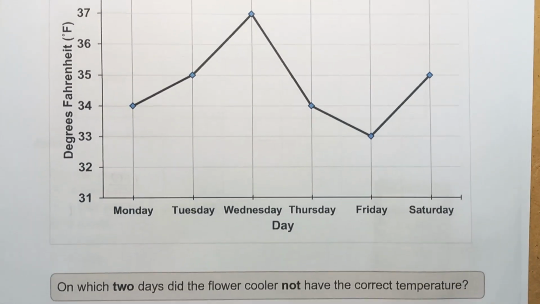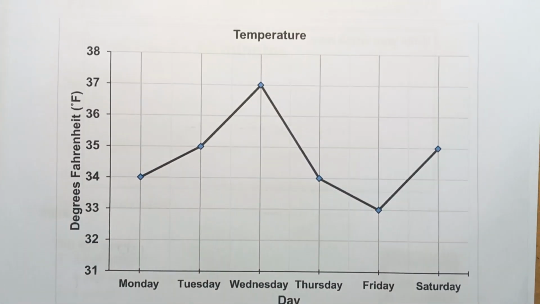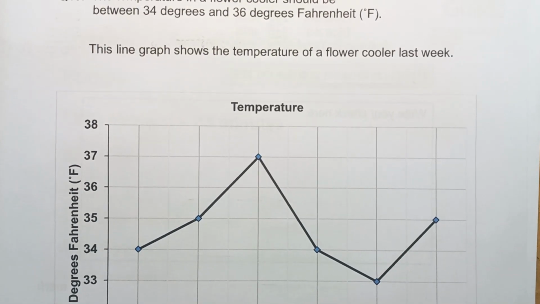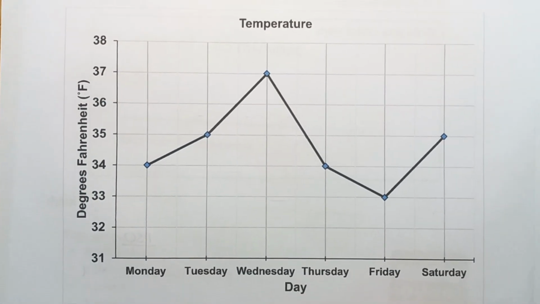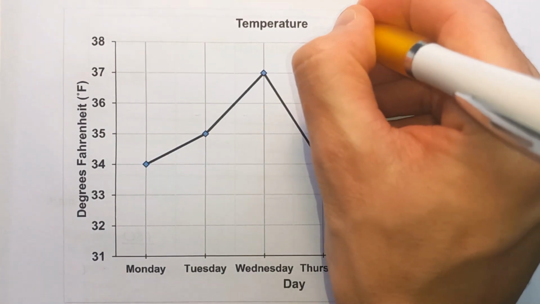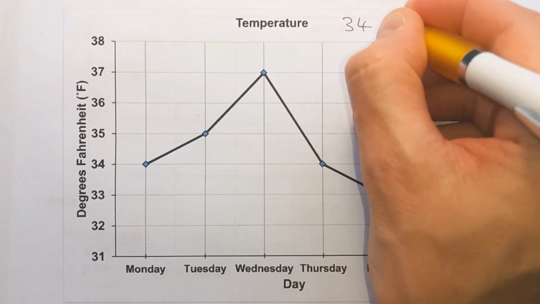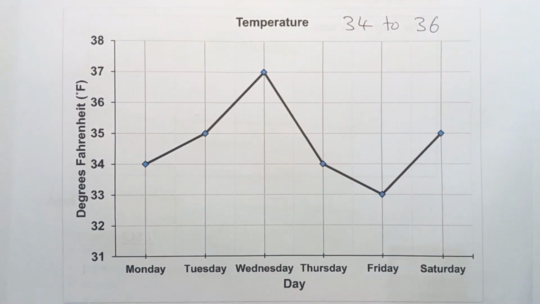Our question is, on which 2 days did the flower cooler not have the correct temperature? Well, we need it between 34 and 36 degrees. So I'm just going to remind us we want between 34 and 36 degrees.